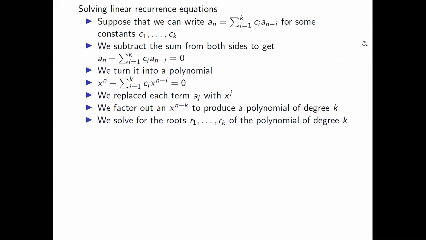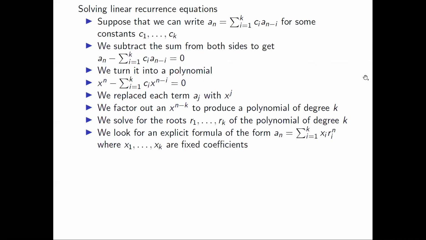So now we'll solve for the roots of the polynomial of degree k. This gives us k roots, r1, r2, up to r sub k. It's possible that some of the roots might be repeated roots, and that's fine.